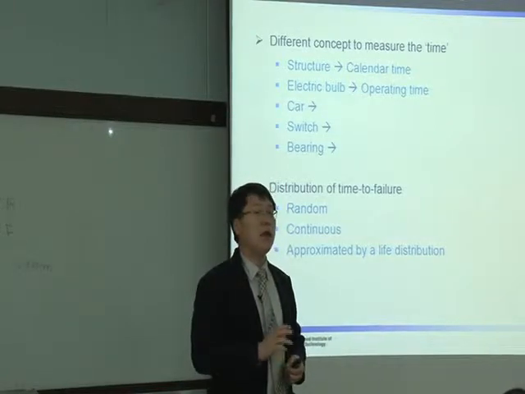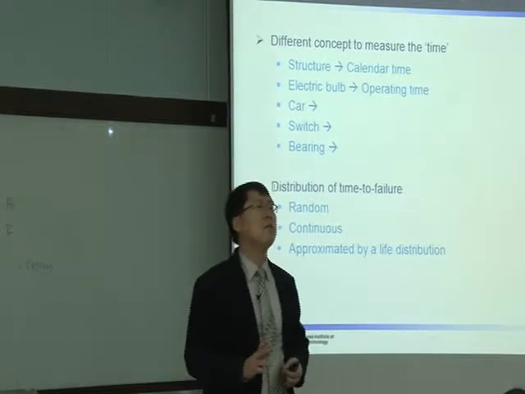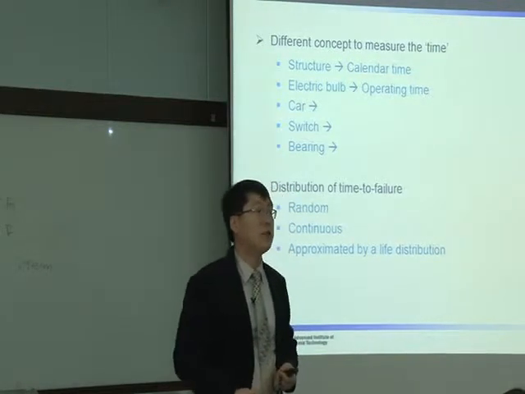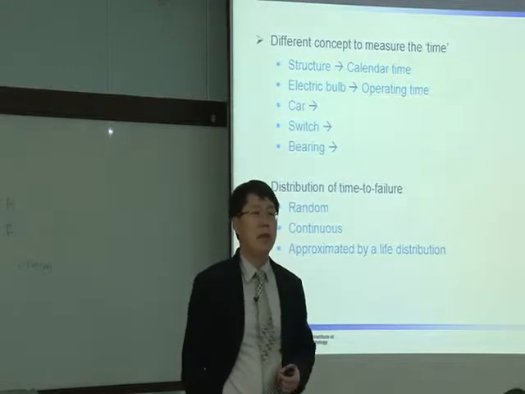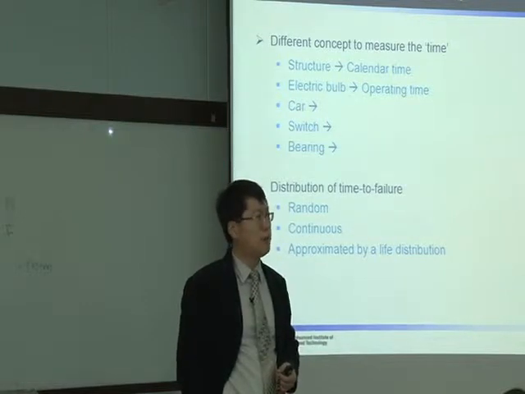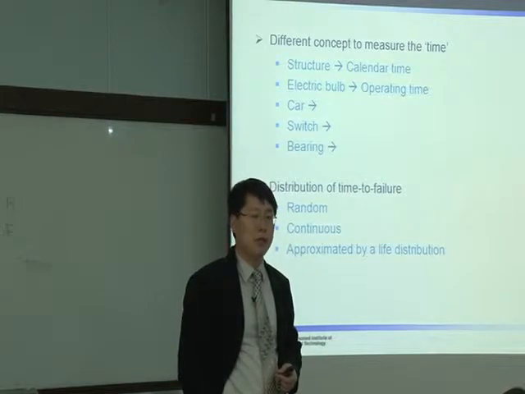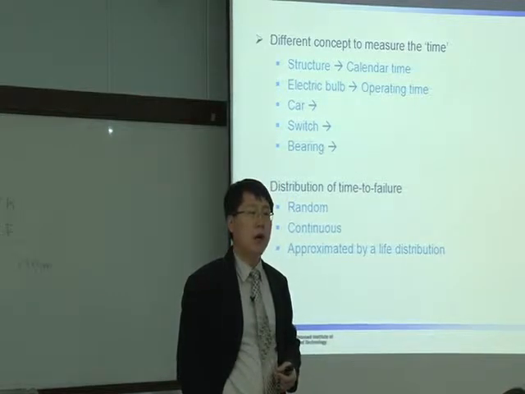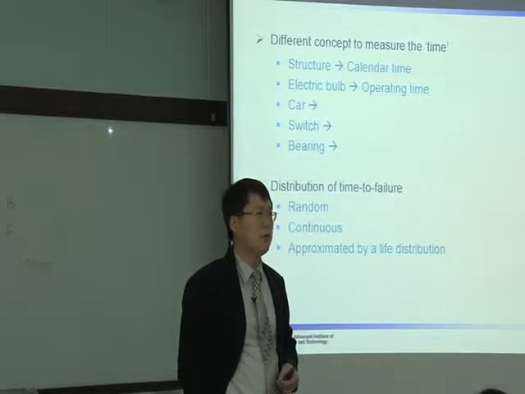In the industrial world, sometimes it is very confusing. For example, the operating time is meaningful to an electric bulb. How about pumps? Operating time can be critical, but we know from our experience that if we stop the pump for a long time, the failure rate can increase.